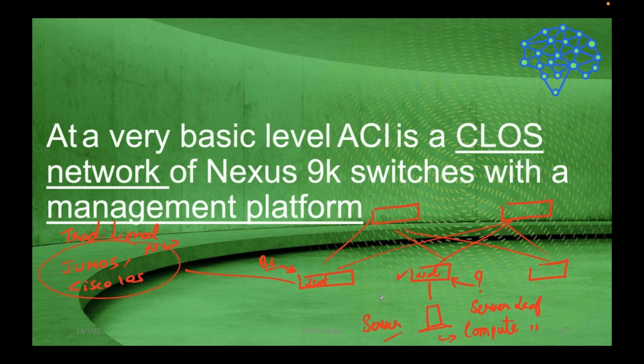One more question. Suppose this particular leaf switch is connected to a firewall or, say, a load balancer. Can you tell me what name you should give to this leaf?